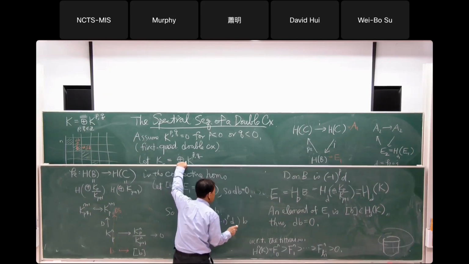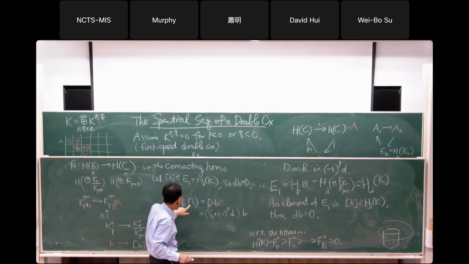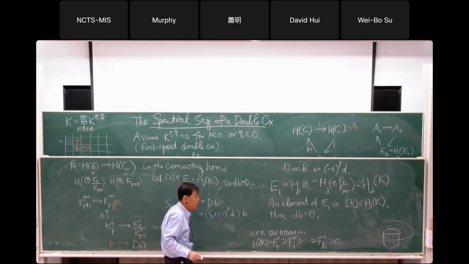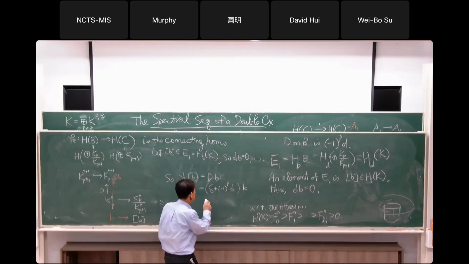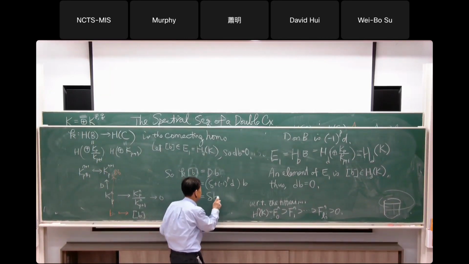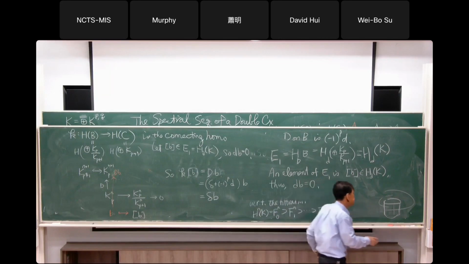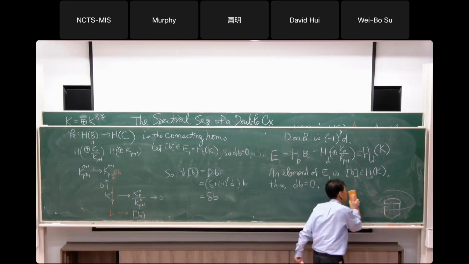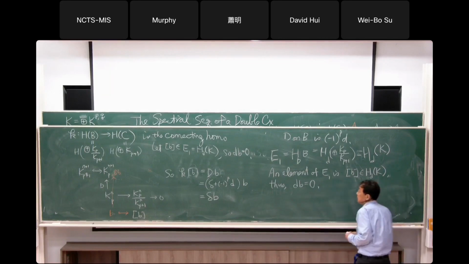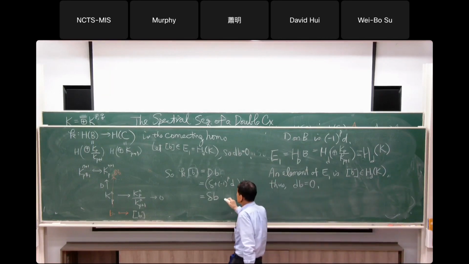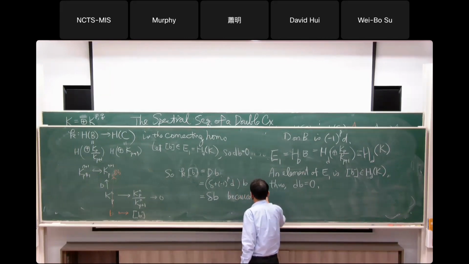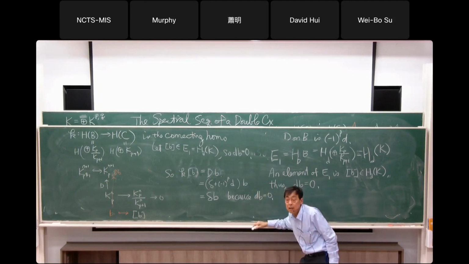And therefore, K of B is big D of B, but dB is 0. So this is delta B, because dB is 0.